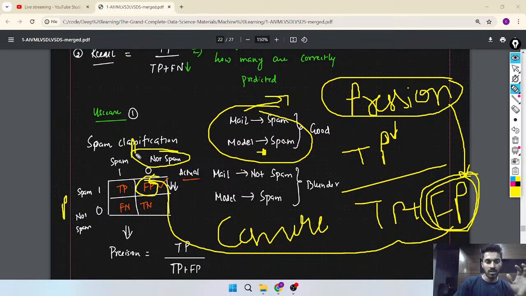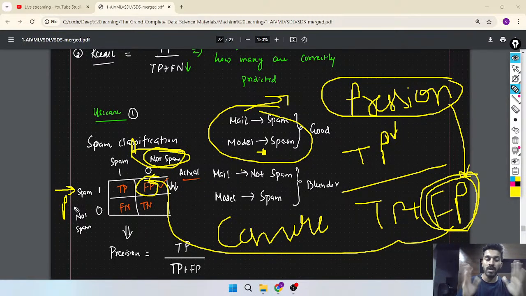Suppose you get a mail in your inbox which is not spam, like a job offer from a company, and your model predicts it as spam, so you can't see the message because it is in your spam folder.